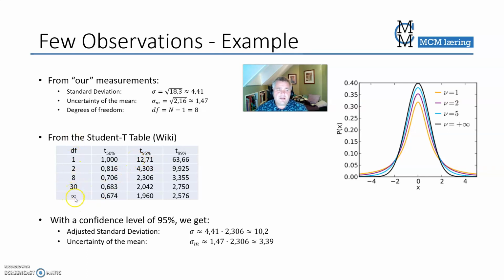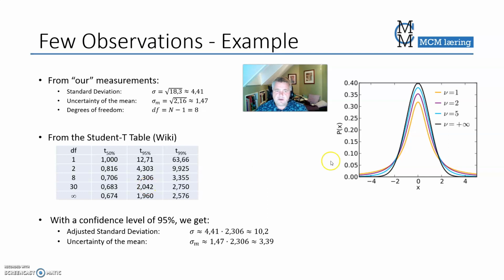Now, if we have an infinite number of degrees of freedom, then still we have to multiply with 1.960. That is because we now have a confidence level of 95%. So 95% of our measurements should fall within here. Remember that one standard deviation had something like 65% within the curve.